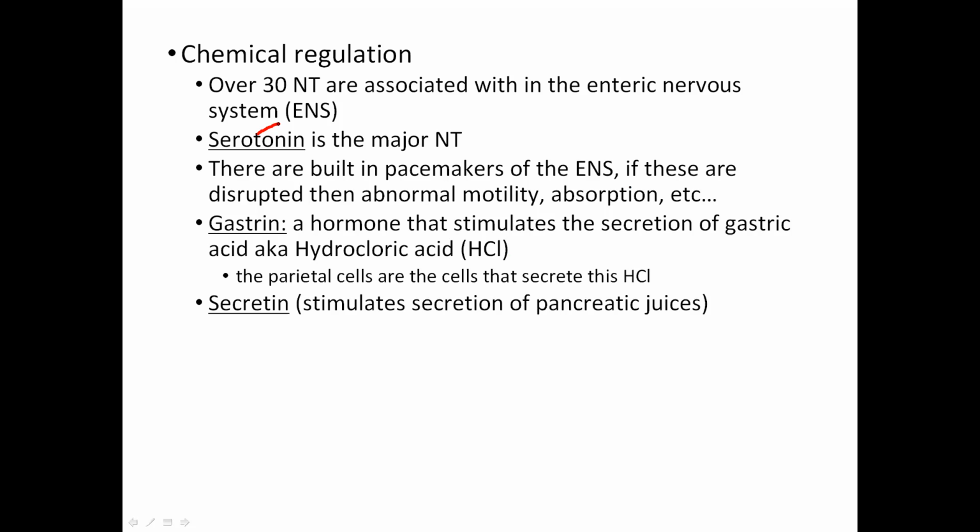Gastrin is a hormone that stimulates the release of hydrochloric acid from the stomach. This is a very, very important item to have released into your stomach because it helps you break down proteins.